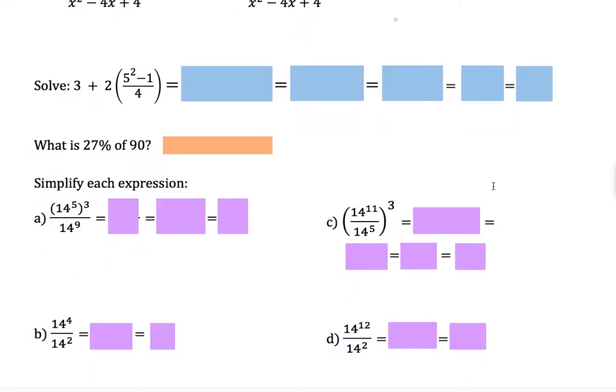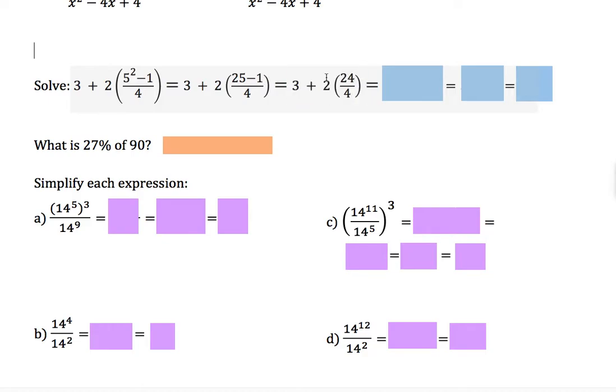All right, this one we're solving this equation. The biggest thing to remember is the order of operations. You want to take care of what's in the parentheses first, and inside the parentheses we have an exponent. So we want to take care of that exponent first. So the 5 squared is just going to be 25. And then normally we would divide first, but because we have this 25 minus 1 in the numerator and then divided by 4 in the denominator, it's almost like you have an extra set of parentheses here and here.